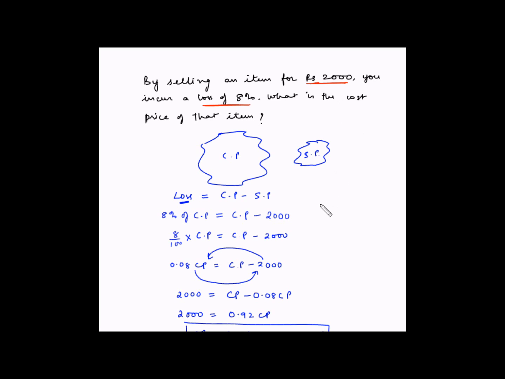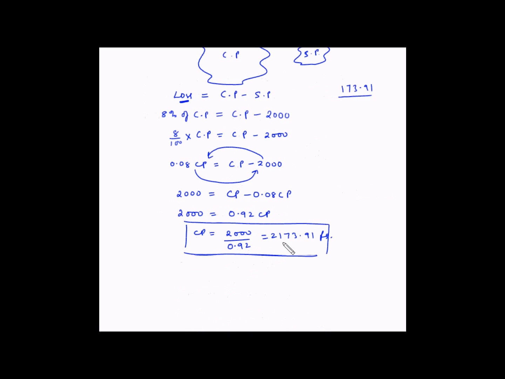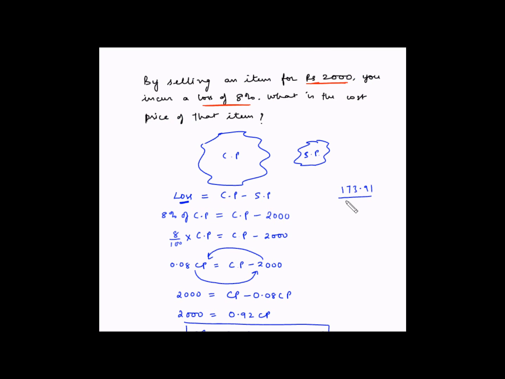If you want to do further validation, what we can do is cost price, which is 2173, minus the selling price, which is 2000, which comes to 173.91, and divide this by the cost price, so 2173.91, and this should be equal to 8%.